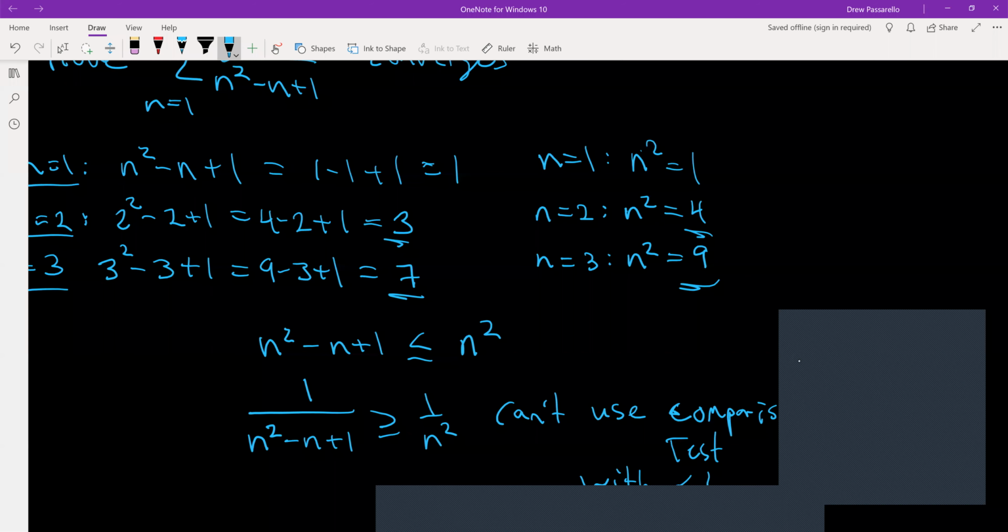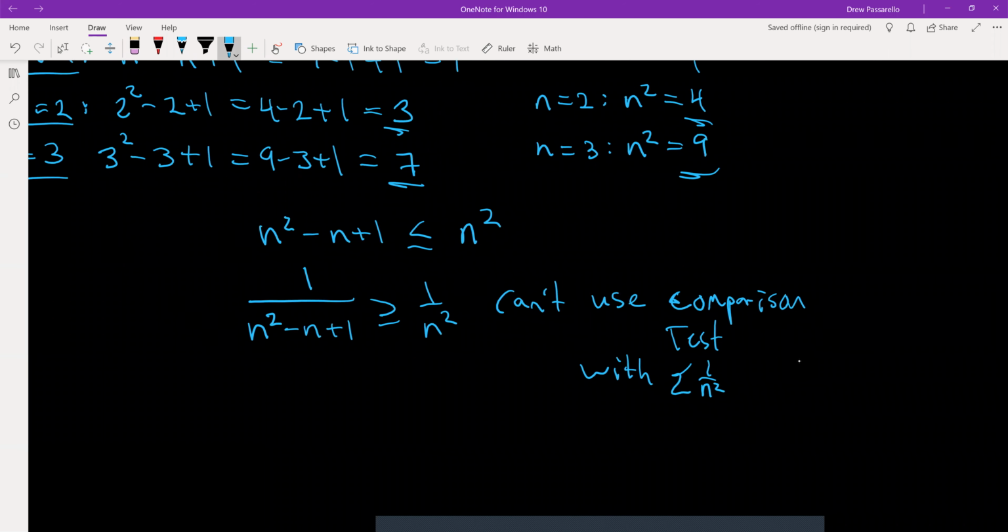Okay, so we can't use the comparison test in this case with that particular series 1 over n squared.